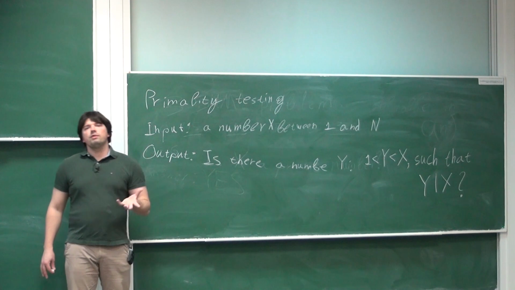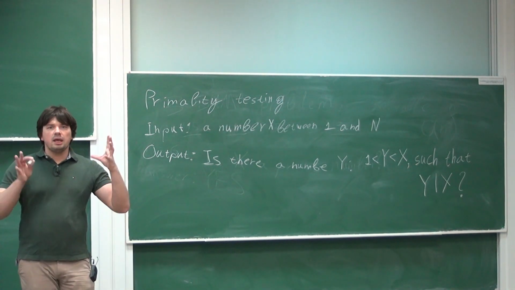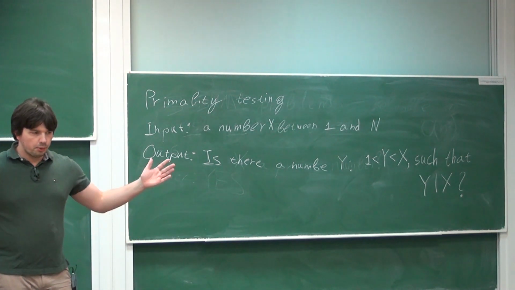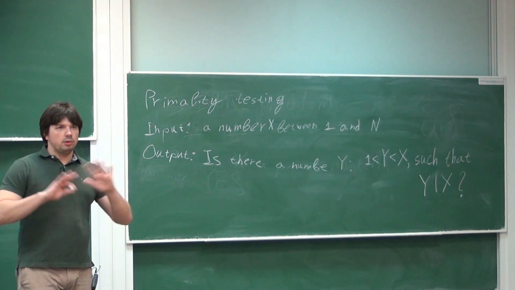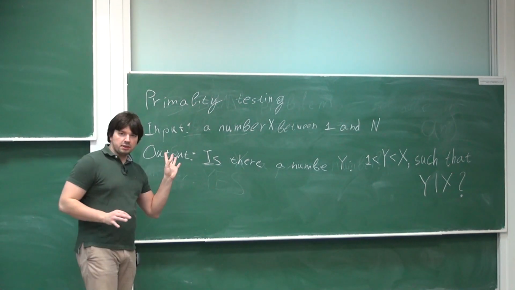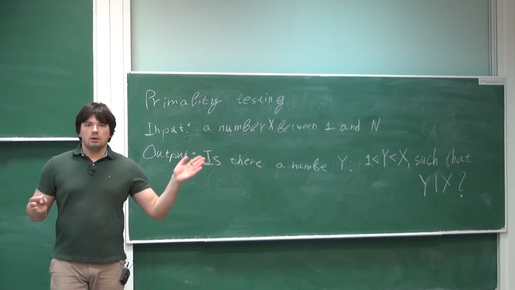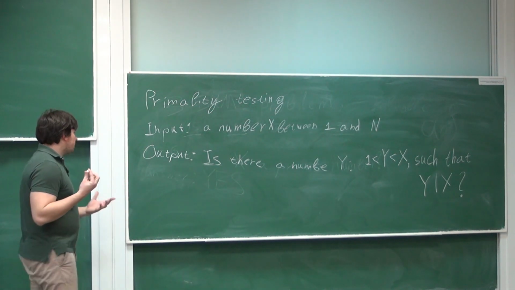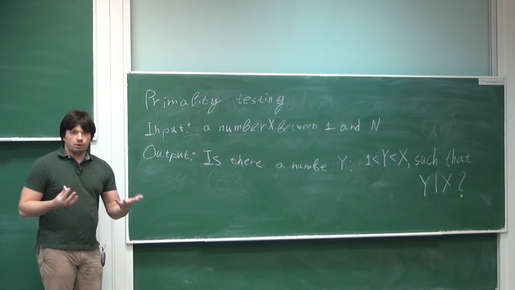So how can we redefine the search space? I still want to stay in this brute force world, where I just go through all possible candidates. I don't want to do any bells and whistles, but I want to redefine the space such that it would be easier to go through it. Well, there is a rather simple idea. Let's say x is not a prime.